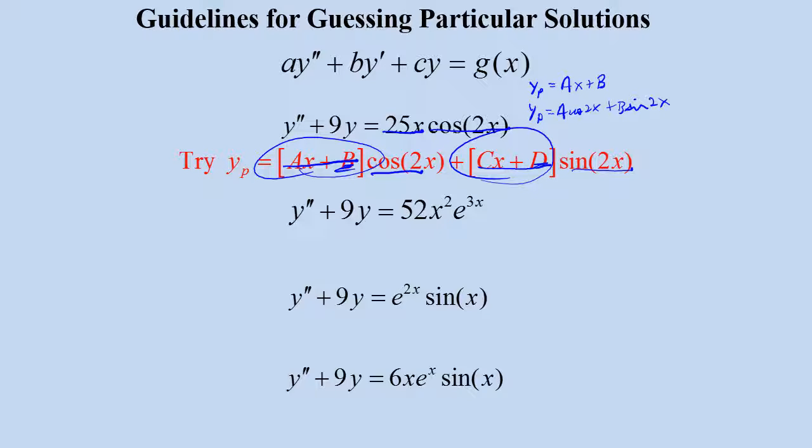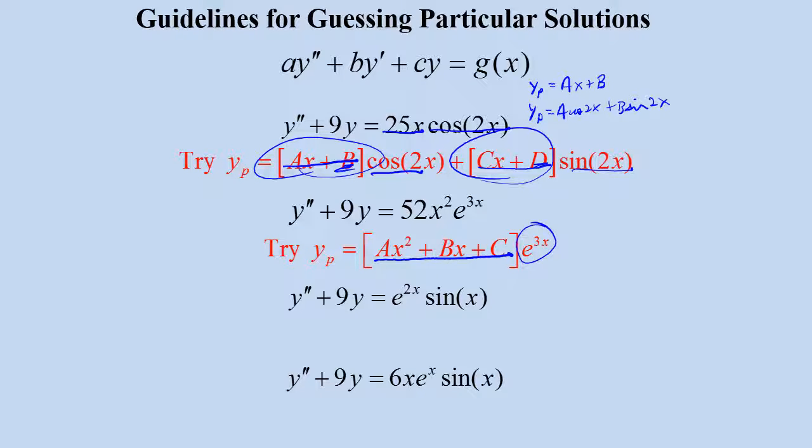On the second one, since we have an x squared and an e to the 3x, we would have the polynomial ax squared plus bx plus c and the e to the 3x.